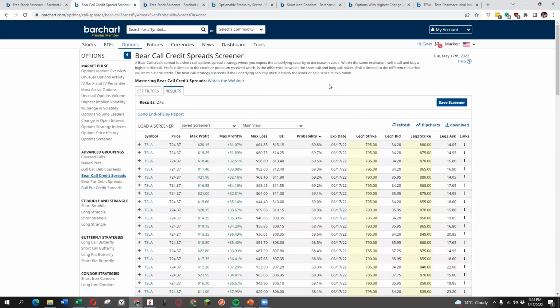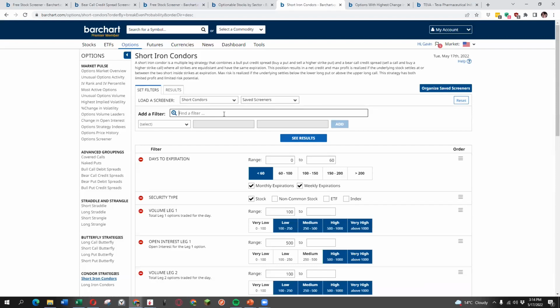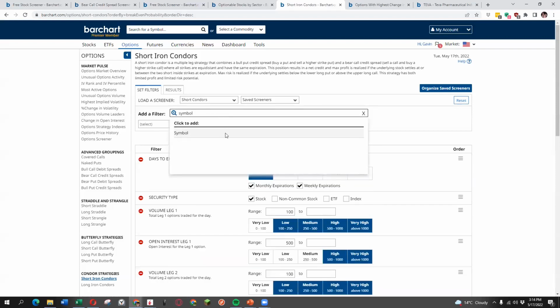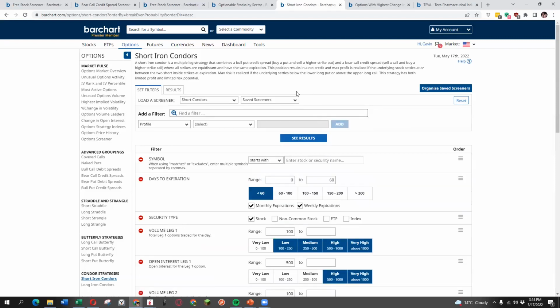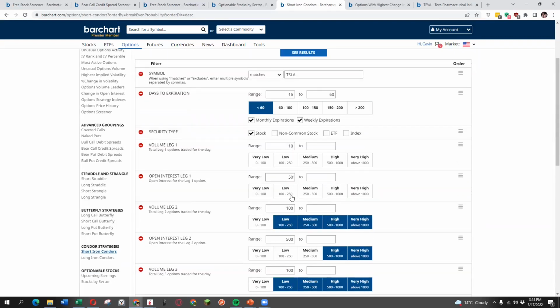Another way we could look to trade Tesla would be with an iron condor. So again, we could come in here, we could go into our filter, we'll add symbol. Change our volume and open interest.